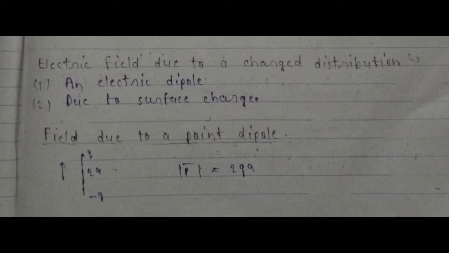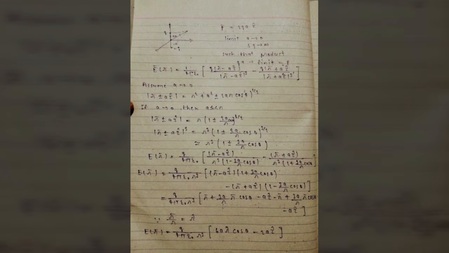What we are going to do is take the dipole to be made up of 2 charges, minus q and plus q, separated by distance 2a, so that the magnitude of dipole moment is given by 2qa, and the direction of dipole moment is from negative to positive charge. So, P is going to have a direction from negative to positive charge.